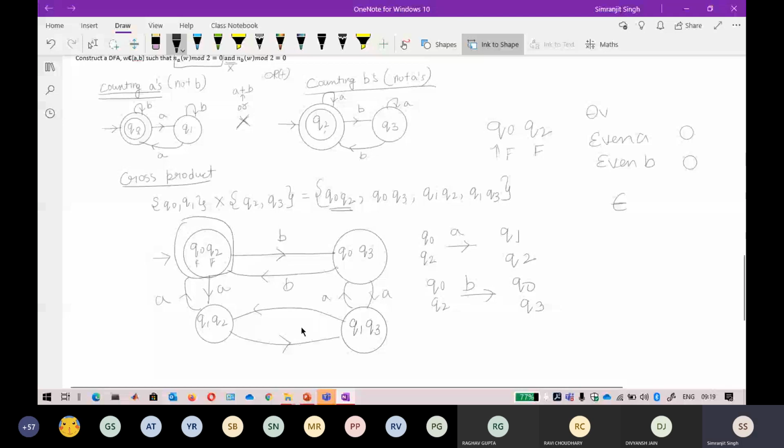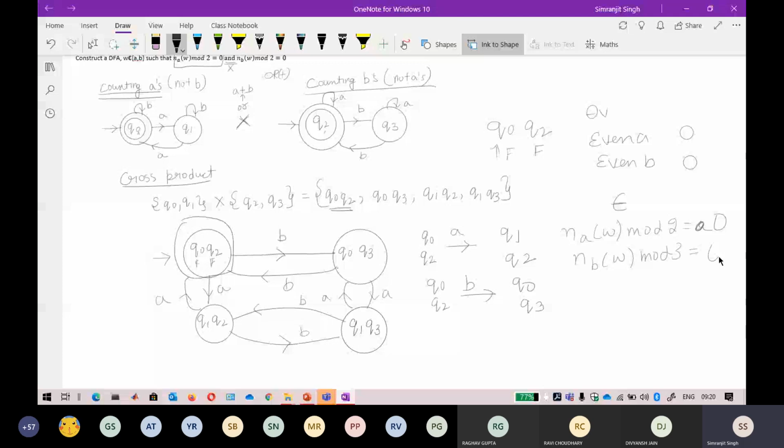I just want to show this because there are many possible combinations of this question. I can say that the number of a mod 2 is equal to 0, and I can again say that the number of b mod 3 should also be equal to 0. Again, the same thing can be followed.